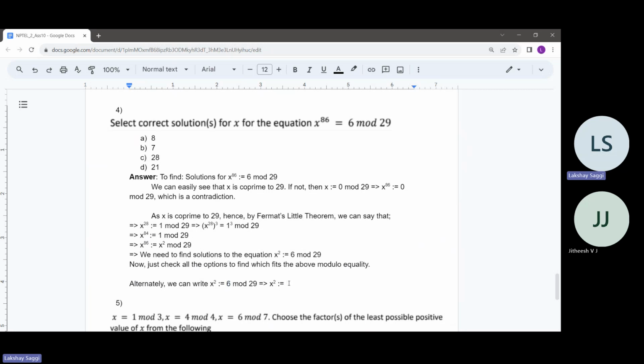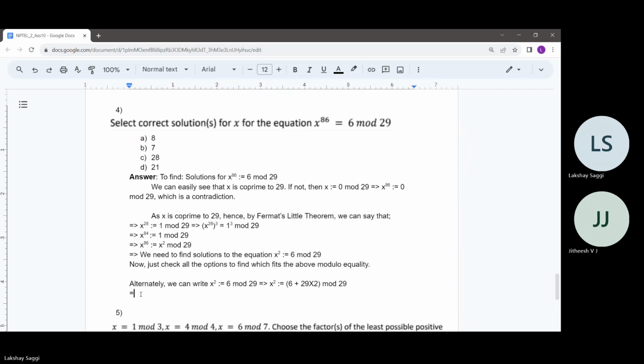So we can write something like 6 plus 29 times 2 mod 29. And this 29 times 2 is 58, and 58 plus 6 gives 64. So what this gives us is that x square is actually congruent to 64 mod 29.